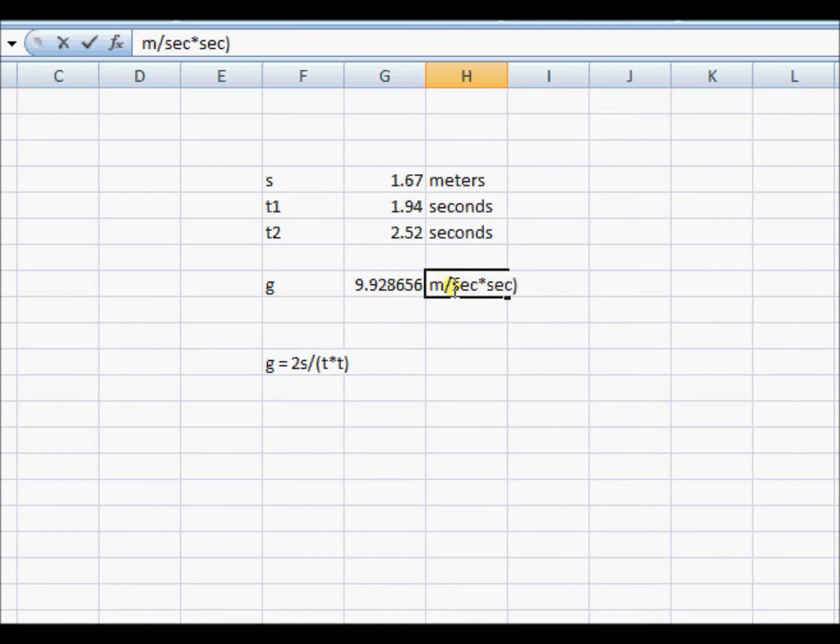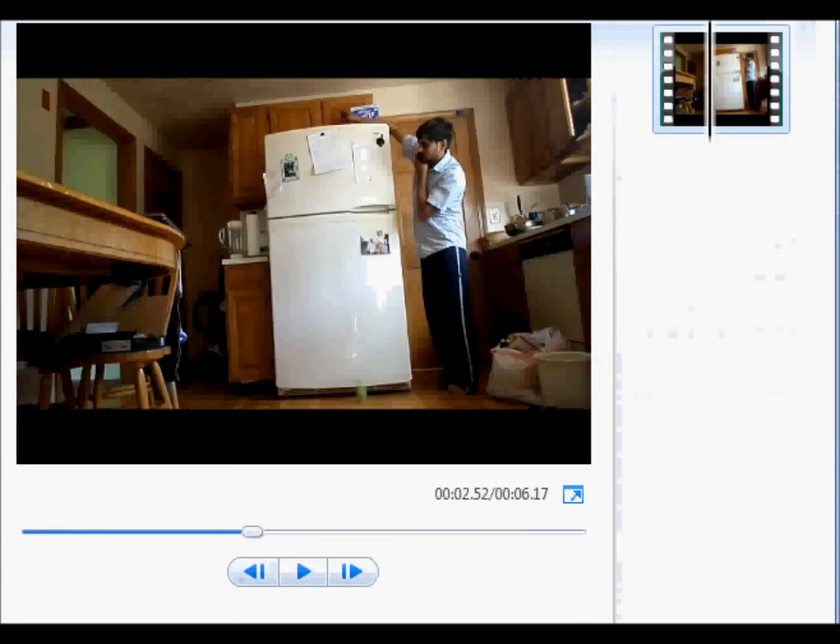In this experiment, this is slightly higher than the actual value of g, which is about 9.79 meter per second square. We could potentially increase the accuracy of this result by measuring the height exactly and using a ball which is dense and which does not rotate.